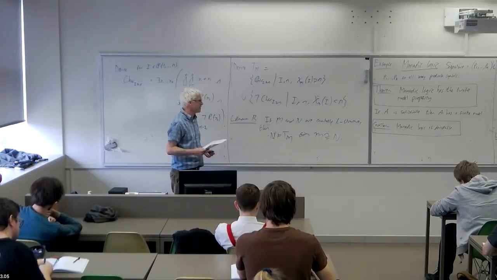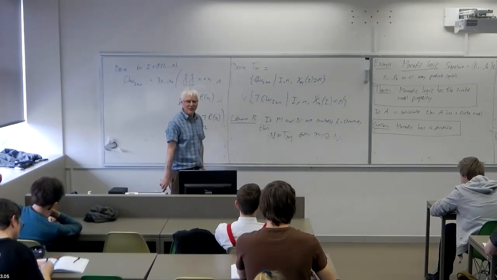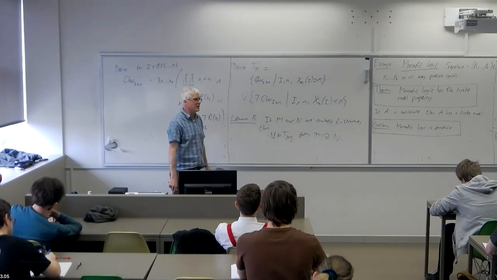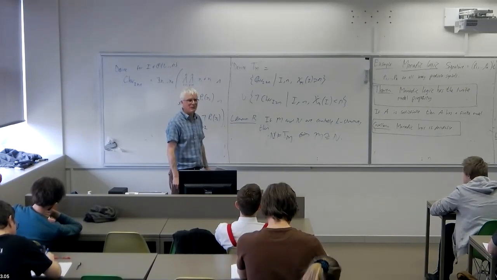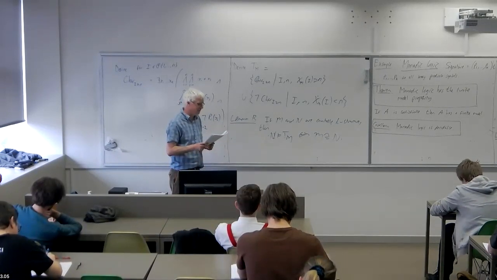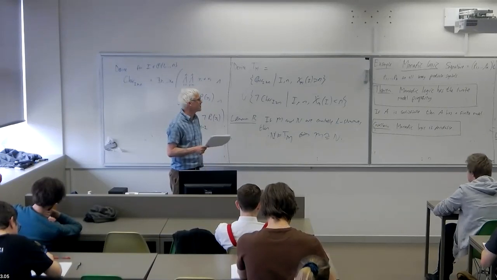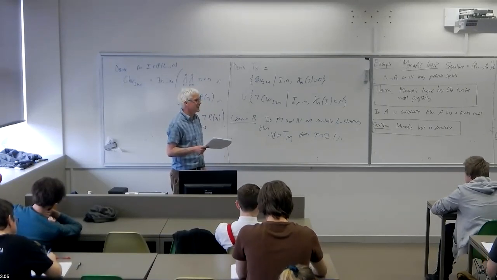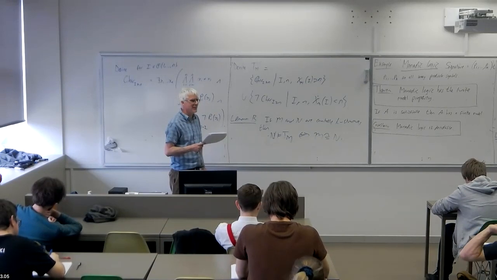Okay, well, it's 11 o'clock, so let me tell you. I've always struggled with this lecture in the past when I've given the course, and I never managed to squeeze this proof that monadic logic is decidable into the lecture.